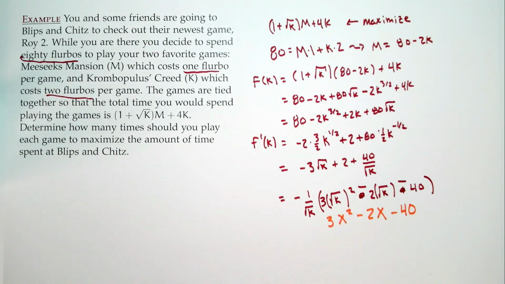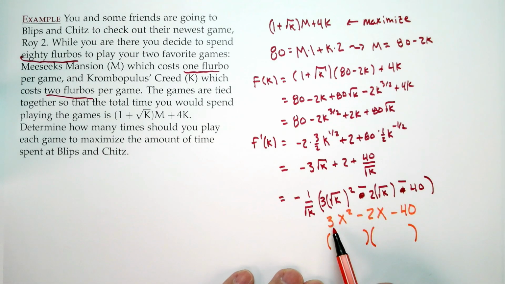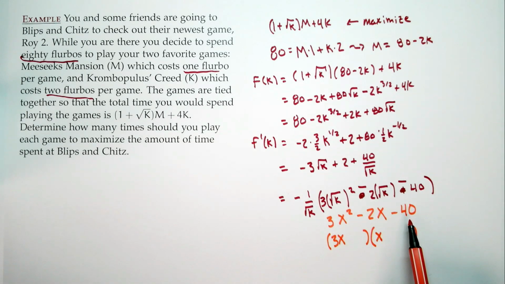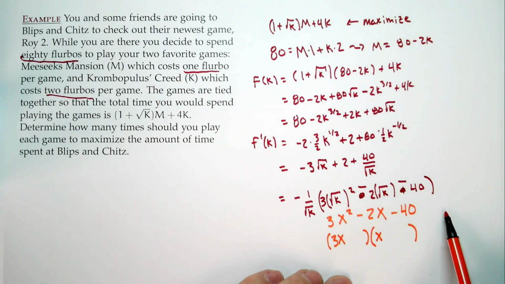So we have to see, does that factor? Well, it might. What are we trying to factor it as? There's not a lot of ways to do 3, so it has to be 3x and x. And now, what about 40? I have to have something that multiplies together to 40. What are some things that do that? Well, we could have 10 and 4. That'd do it, right? And now, what's the key?